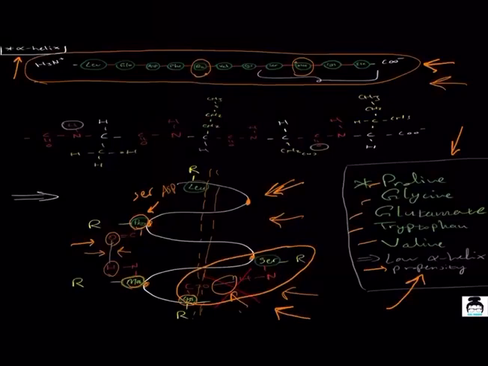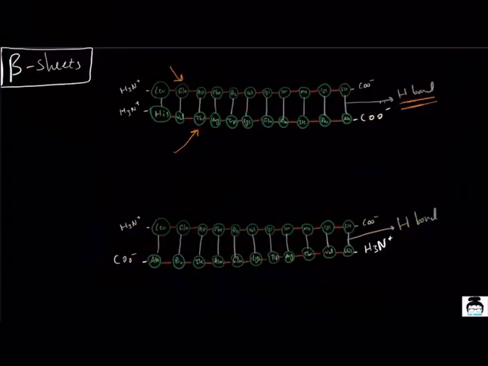And in the alpha helix, the hydrogen bonds connected amino acids of the same chain. Because you see, proline and methionine were in the same chain. After forming the alpha helix, they're still on the same chain, and they form hydrogen bonds, right? In beta sheets, you have two different chains, and they're connected via this hydrogen bond.